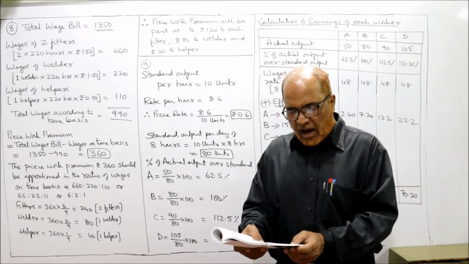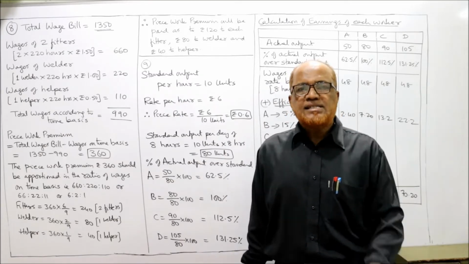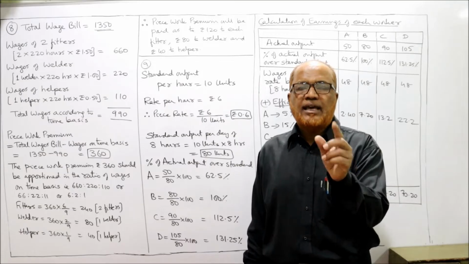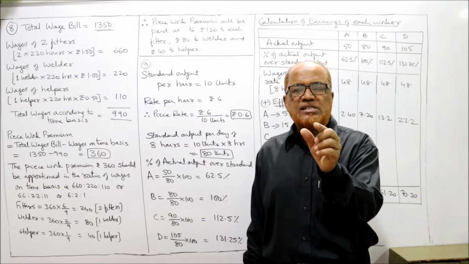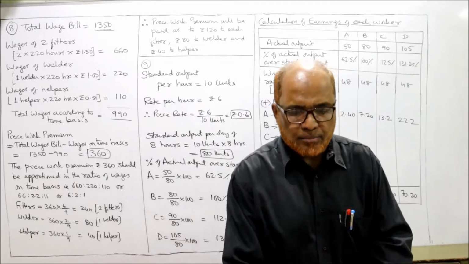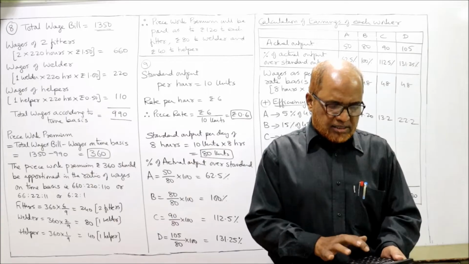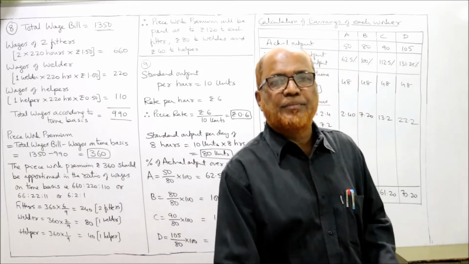Level of efficiency up to 60% of standard: nil. Standard is 80 units in a day. So 60% of 80, it comes to 80 into 60%, which is 48.